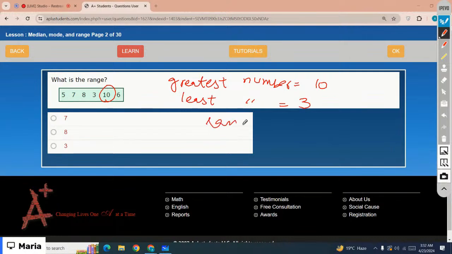So the range is the difference between the greatest and least number. 10 minus 3 is 7. So you can keep this very important definition in your mind: range is the difference between the greatest and the least number. So that is 10 minus 3, that equals 7. So the range is 7. Got it? The correct option is 7.